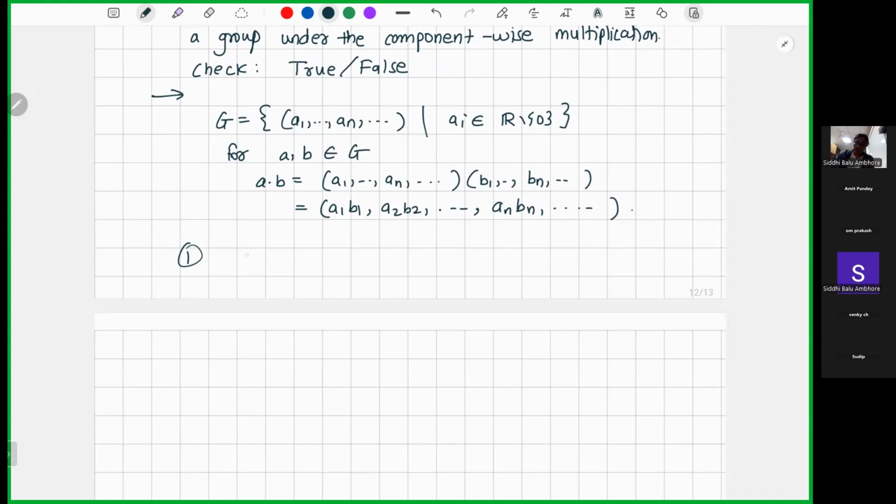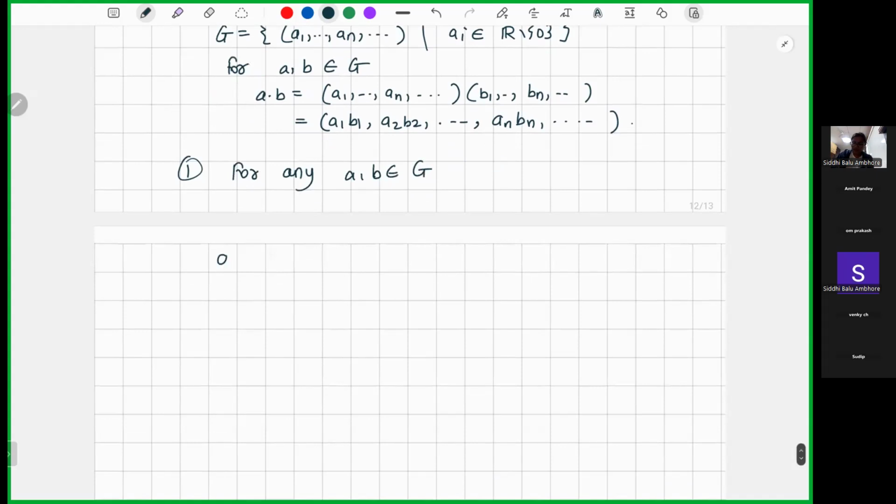So for any a, b in G, a dot b is (a1 b1, a2 b2, ..., an bn, ...), and each ai bi is non-zero.